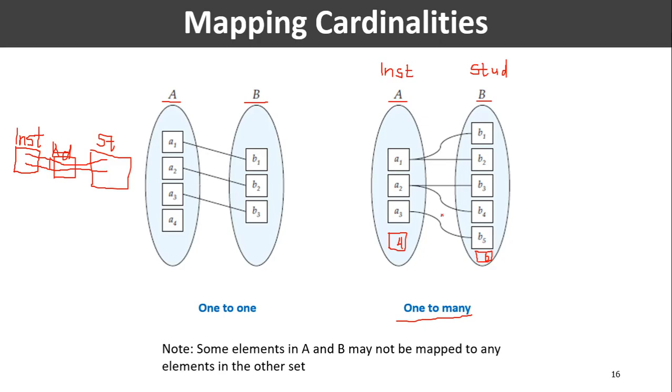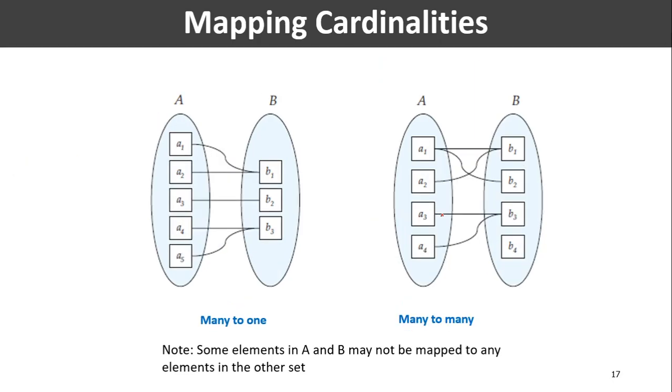So, let's proceed with the next kind of mapping cardinality, and it is called many-to-one. It is exactly opposite of whatever we discussed about one-to-many.